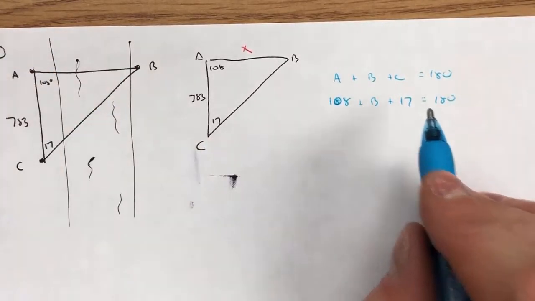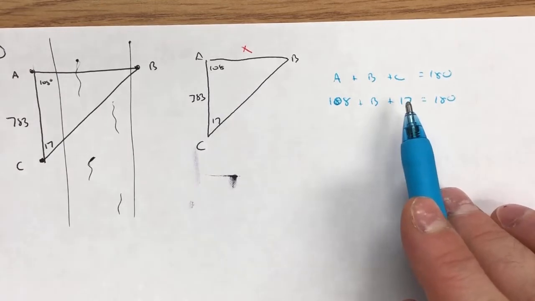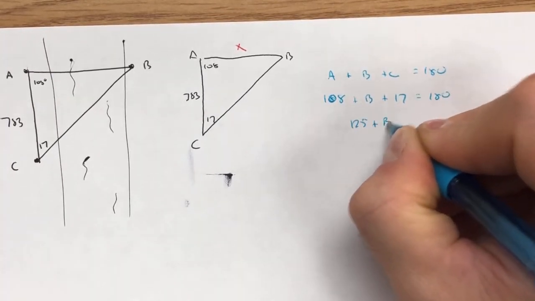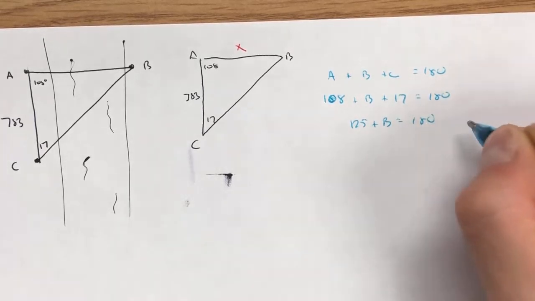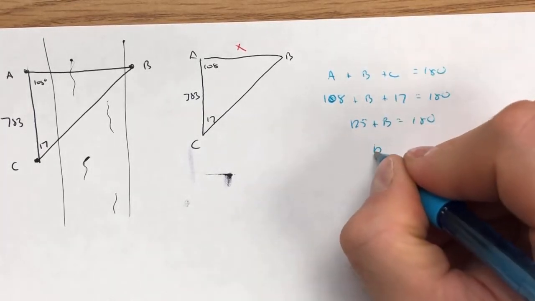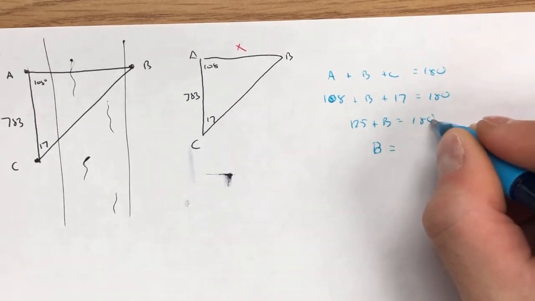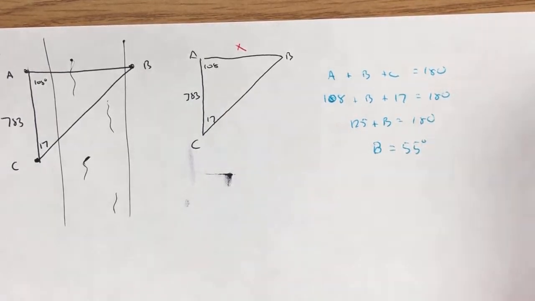So 108 plus 17 is going to give me 125, plus B is 180. If I subtract 125 from that, I will get B is equal to 55 degrees.